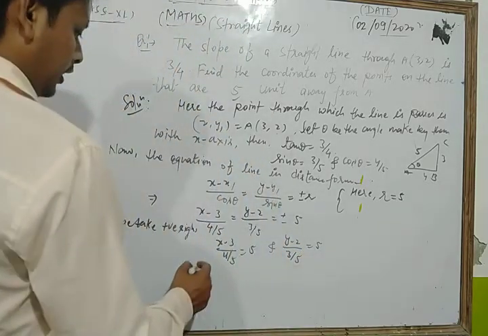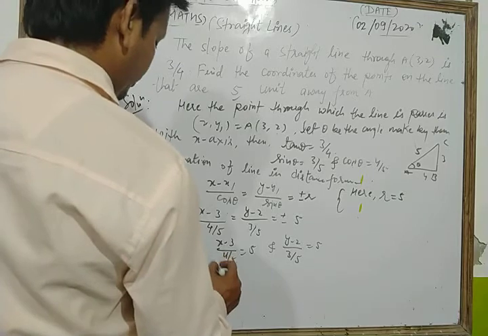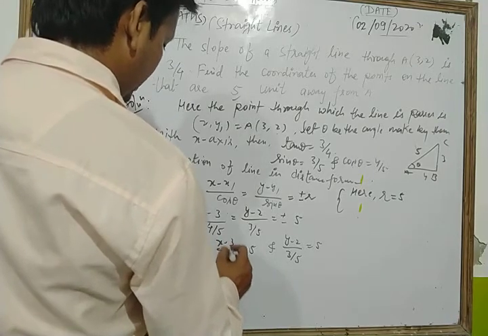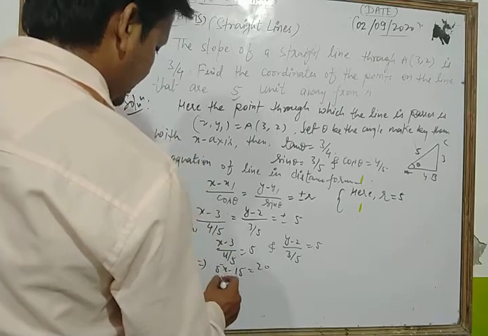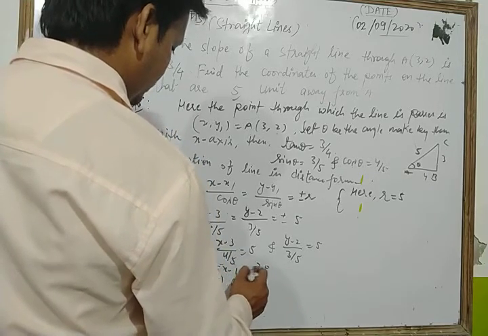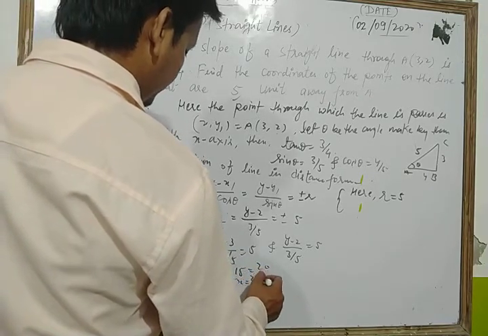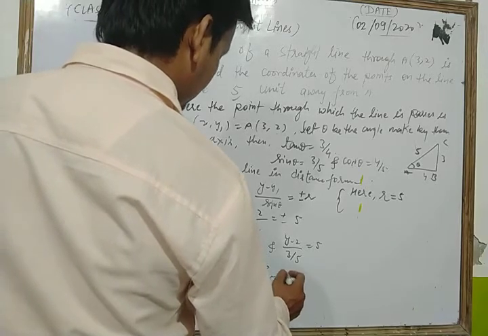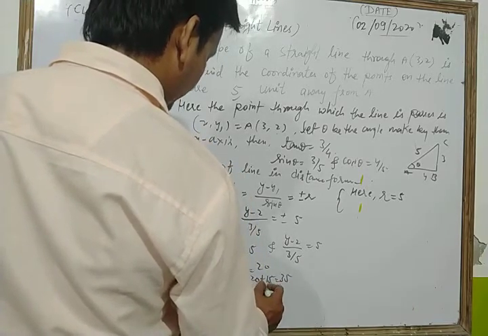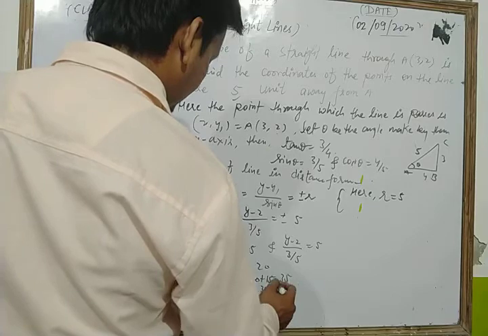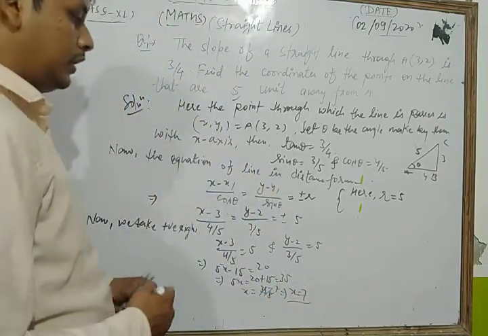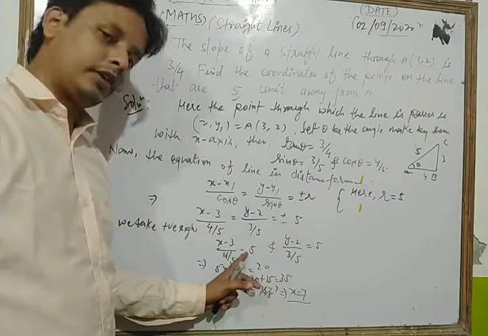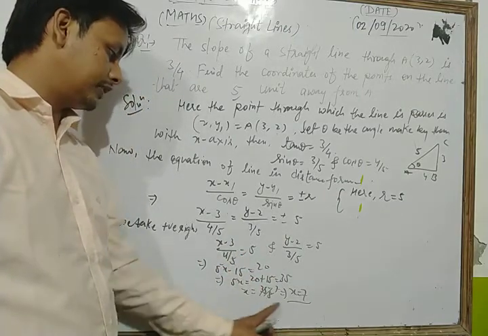Now after simplifying, we get 5x minus 5 times 3, which is 15, is equal to 5 times 4, which is 20. So we get 5x is equal to 20 plus 15, that is 35. So x is equal to 35 upon 5, 5 times 7 is 35. So the value of x is equal to 7 if we take positive 5.